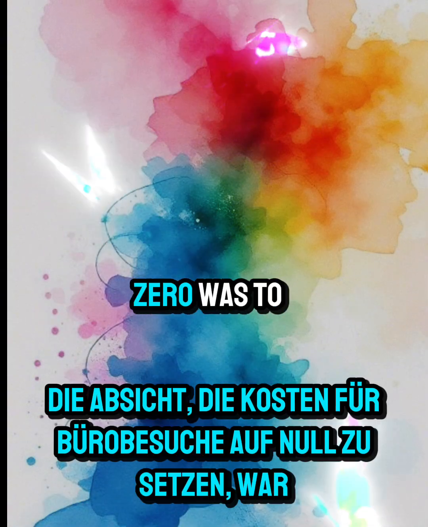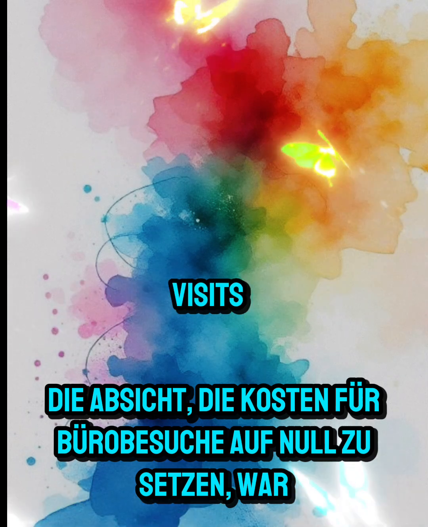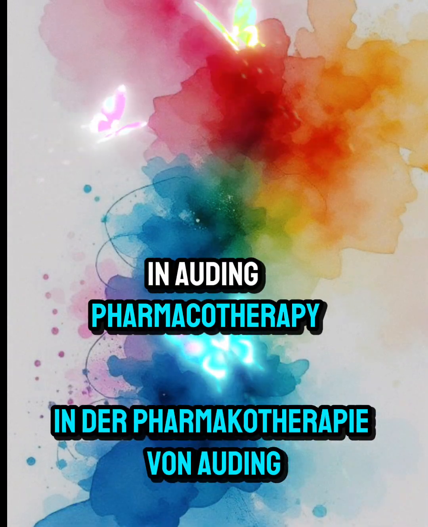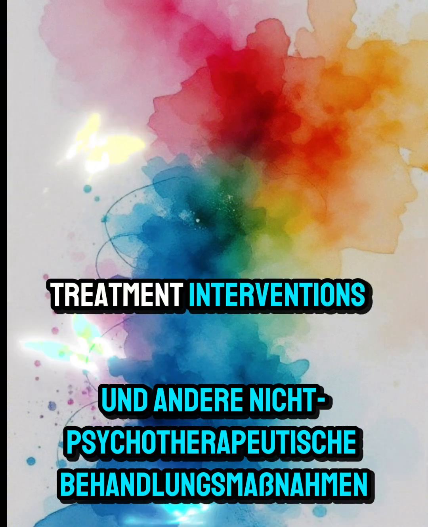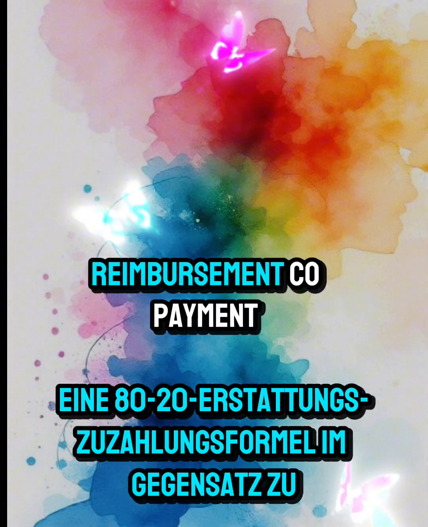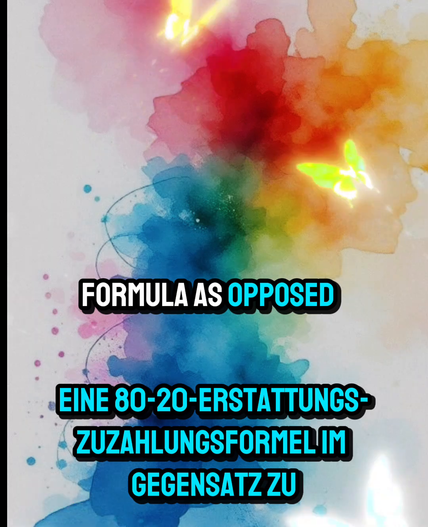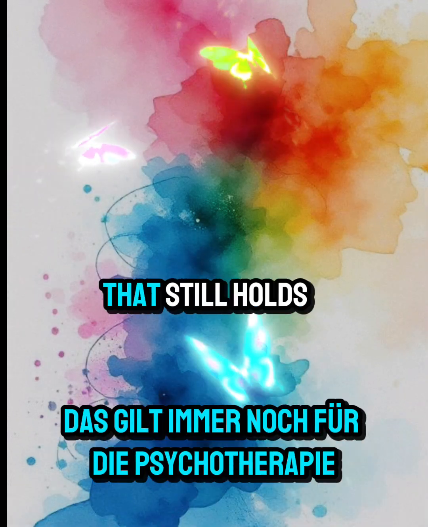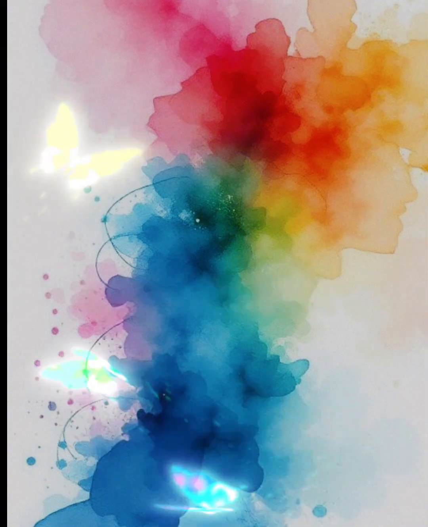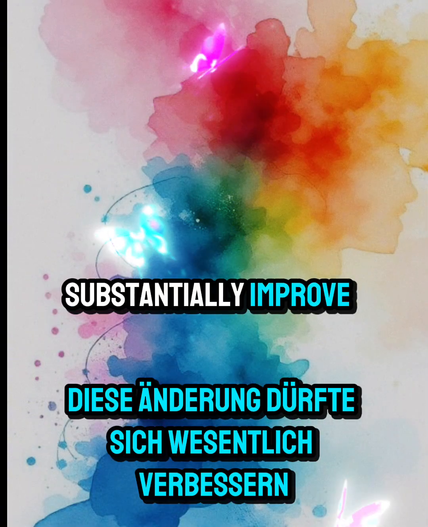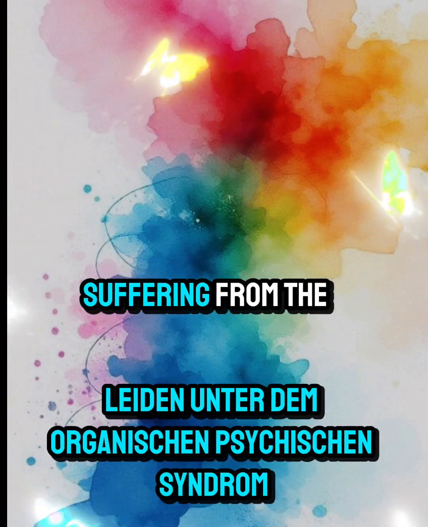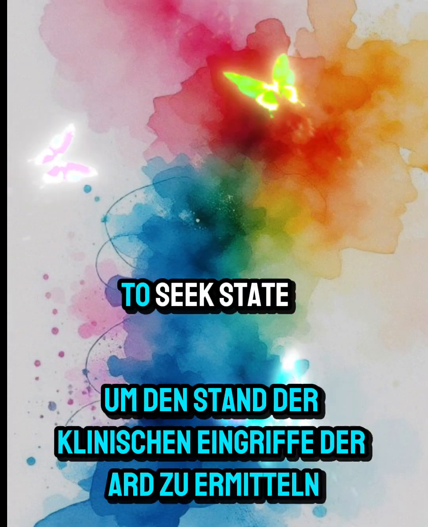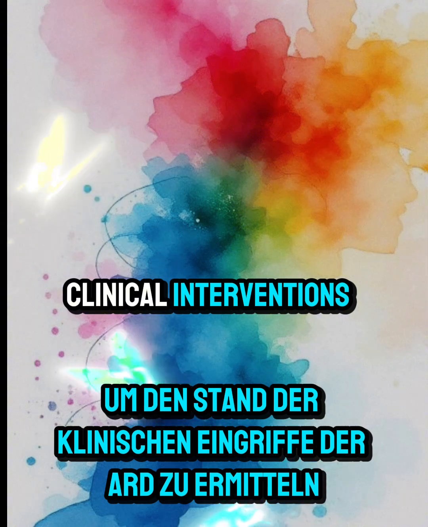The intent was to reimburse office visits for the medical management of Alzheimer's disease, including ordering pharmacotherapy and other non-psychotherapy treatment interventions, under an 80/20 reimbursement copayment formula, as opposed to the dollar limit and 50/50 reimbursement copayment formula that still holds for psychotherapy. This change should substantially improve the ability of those patients suffering from the organic mental syndrome of Alzheimer's disease or a related disorder to seek state-of-the-art clinical interventions.